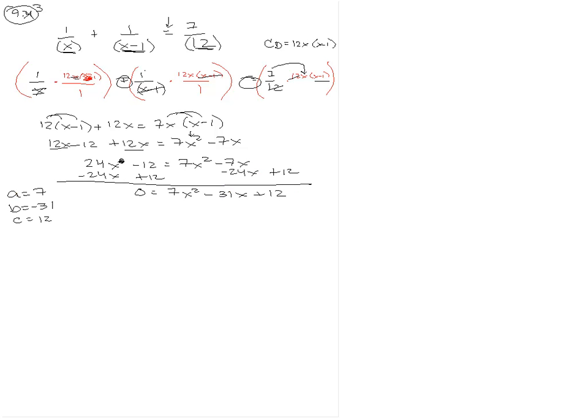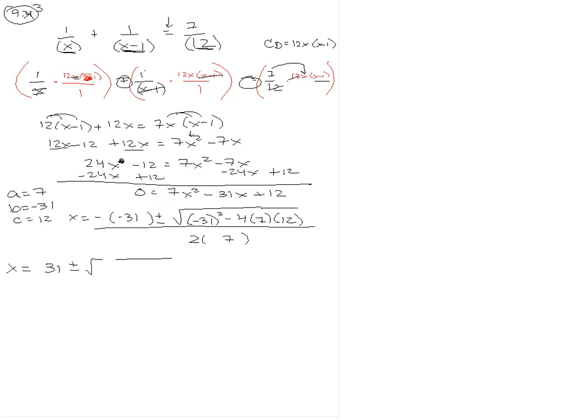So I have the opposite of B plus or minus the square root of B squared minus 4 times A times C all over 2 times A. So B is negative 31, A is 7, C is 12. All right, positive 31 plus or minus the square root of 31 times 31 equals 961.